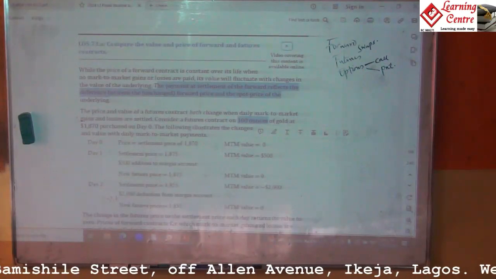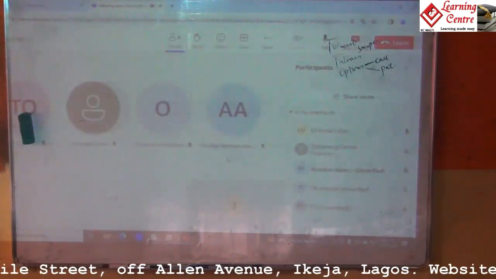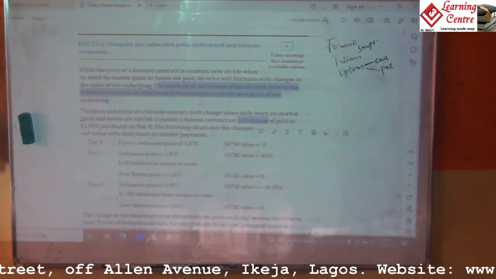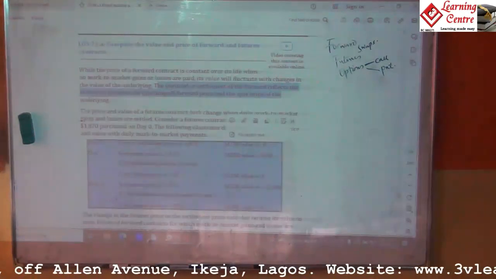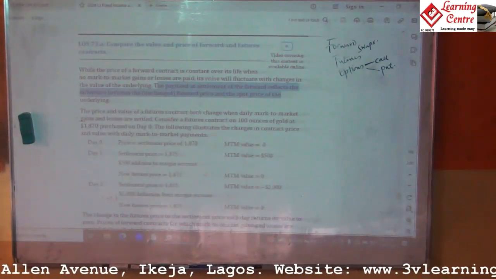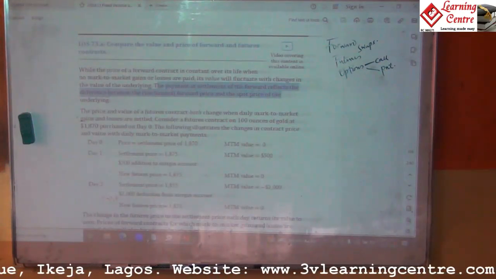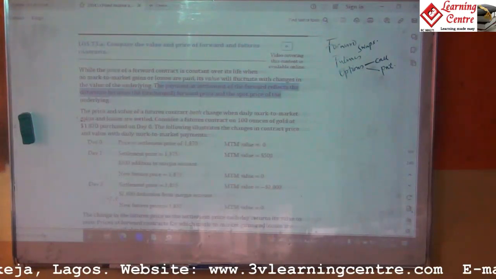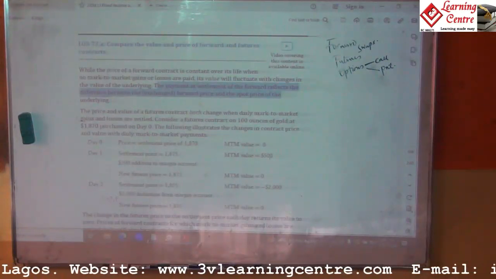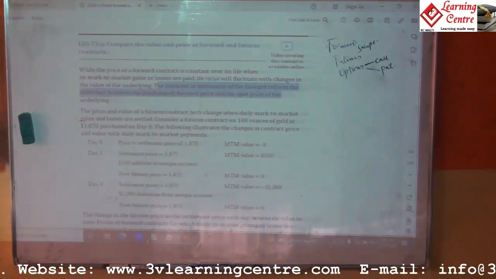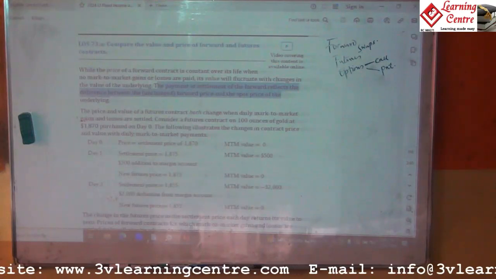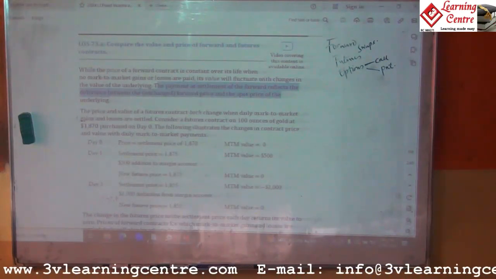Because of that, the mark-to-market value has grown by $500. There has been a gain on the price, and the value of the futures contract has grown by 500. The new futures price is now 1,875.